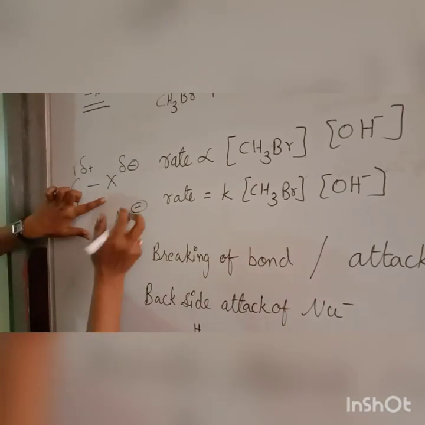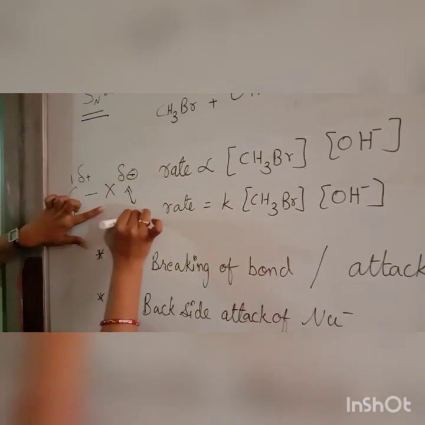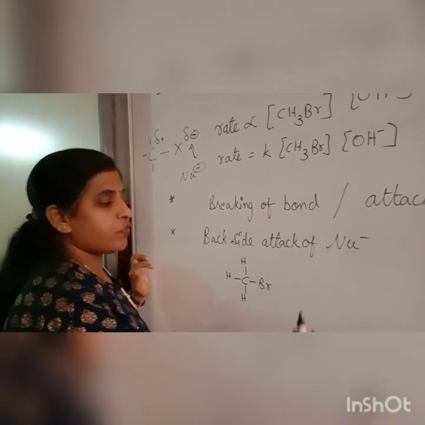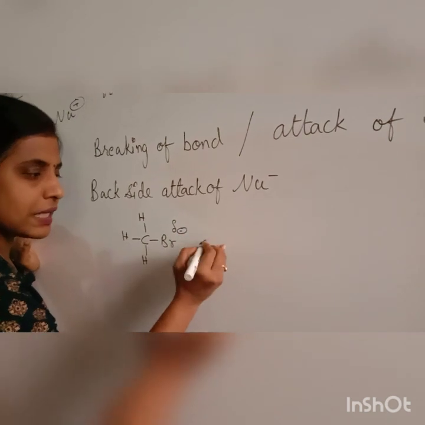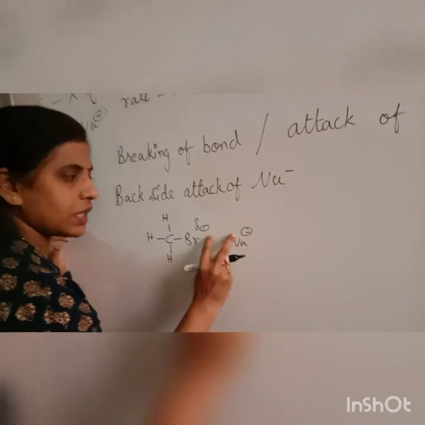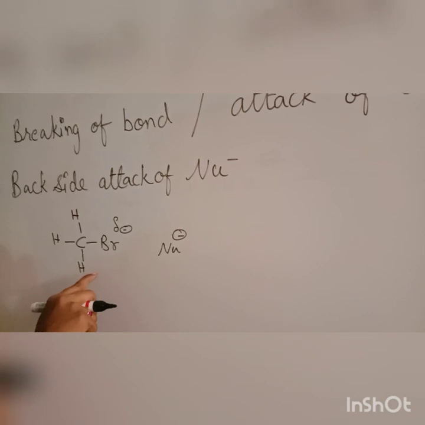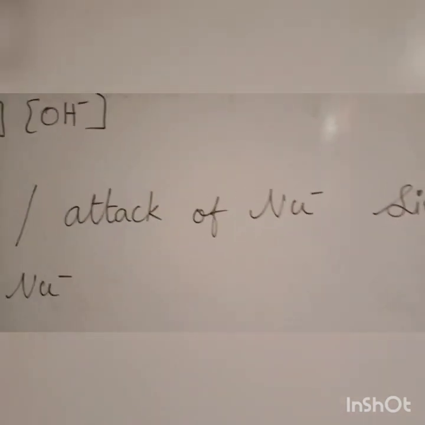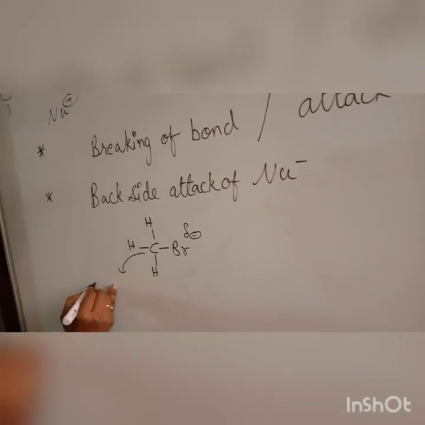But if the attack takes place from the same side, both negative charges will cause a force of repulsion. The carbon-halogen bond has a partial negative charge on the halogen, and the nucleophile also carries a negative charge. If it attacks from the same side, the similar charges will not allow the replacement to take place easily. Therefore, for the SN2 reaction, it is an important step that the attack of the nucleophile takes place from the backside.